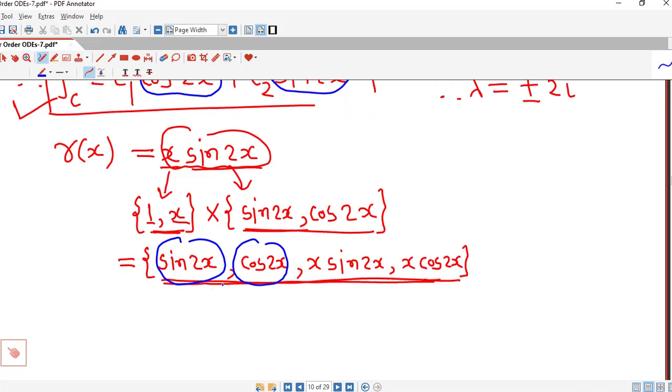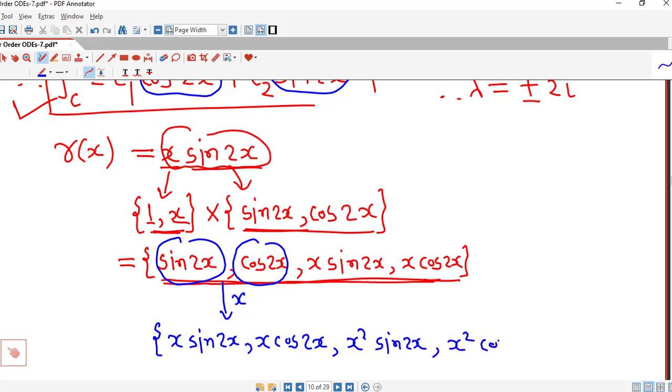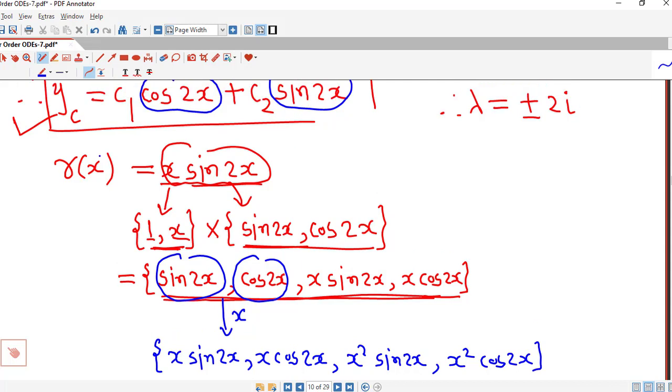So we have to modify this family by multiplying with x. We multiply each member of this family by x and we obtain the modified family, x square sin 2x, x square cos 2x. Now again we check whether any member of this modified family is present in the complementary function or not.